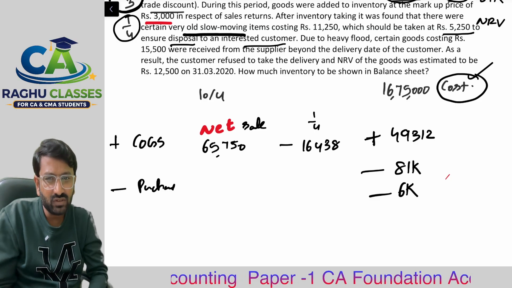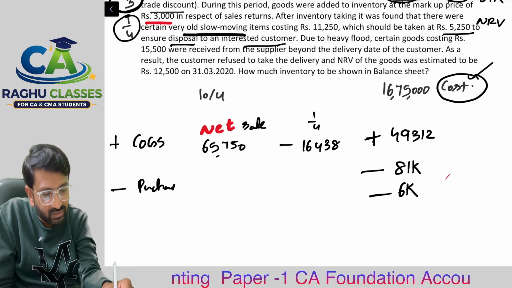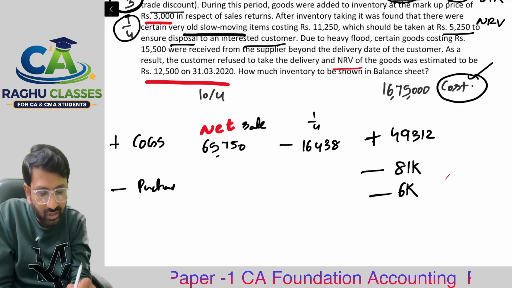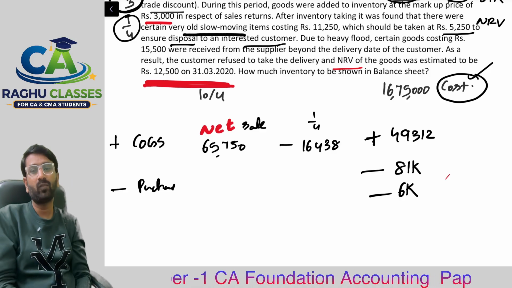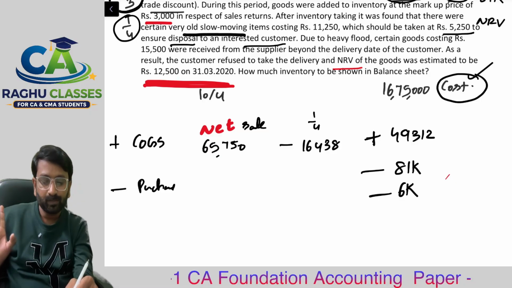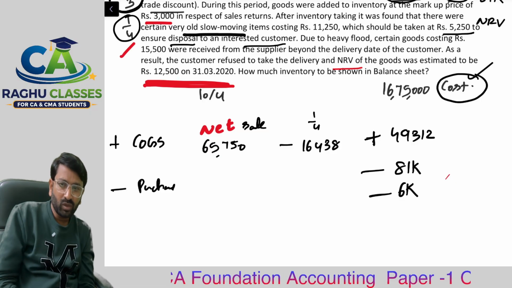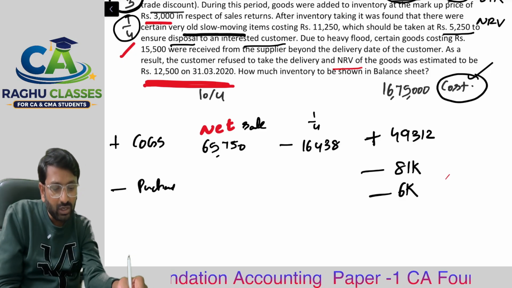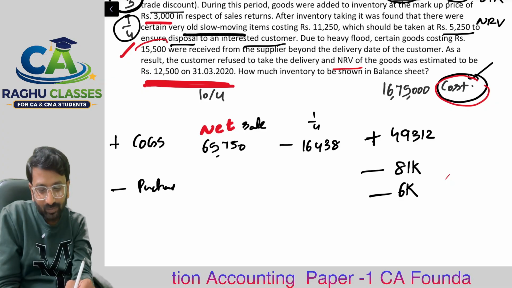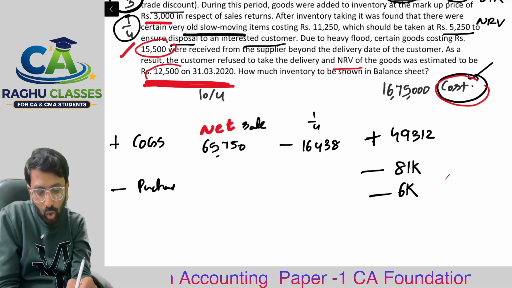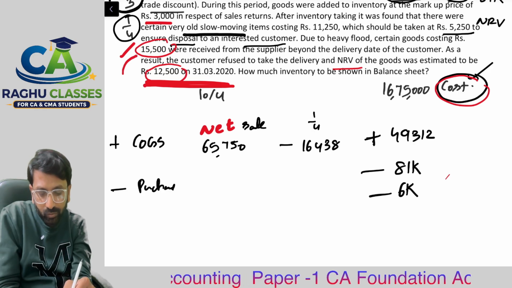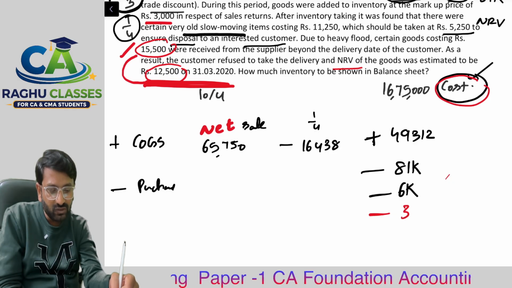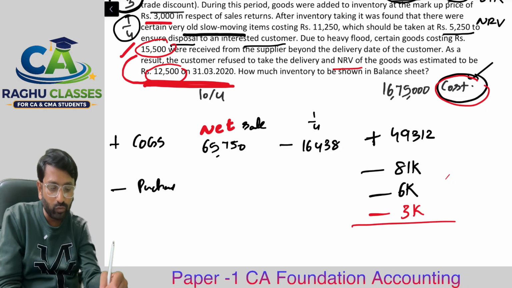As a result of this, customer refused to take the delivery and NRV of this item on the balance sheet date is only 12,500. So we bought the item at 15,500, but the NRV is only 12,500. So we valued the item at cost. Because the NRV is lower than the cost, I should bring it down to NRV, which means that 3,000 rupees, the difference between cost and NRV, I'll remove from here.